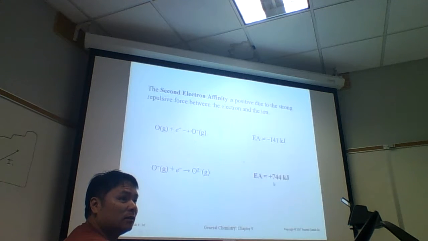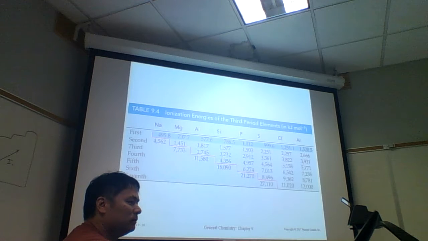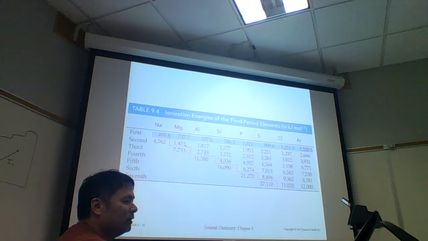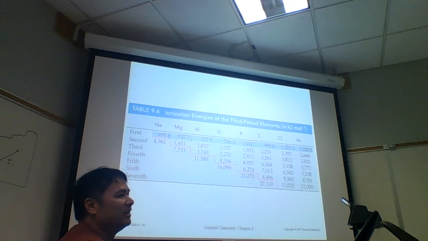Why? The reason is that we aren't looking at the overall picture. We have to go back to ionization energy. In order to form Mg2+, how much energy is that going to cost?